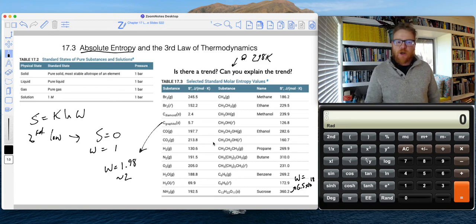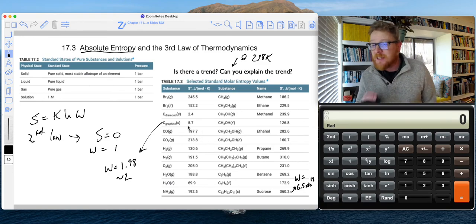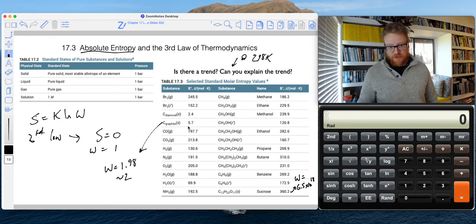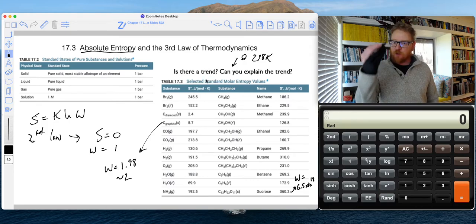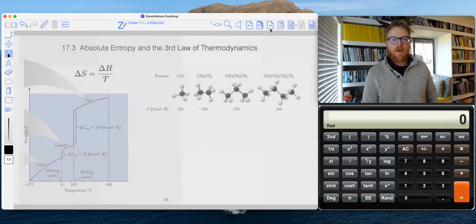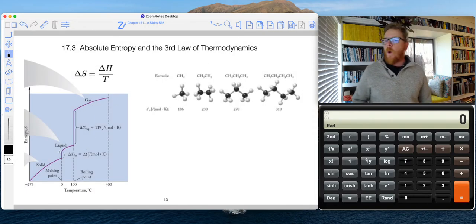So what's important to note here, even though 360 compared to 5.7 doesn't seem like that big of a difference, it is a humongous difference in terms of the number of microstates these molecules can occupy. So the trend that we see here is with increasing complexity of our molecules will come increasing microstates or increasing entropy.